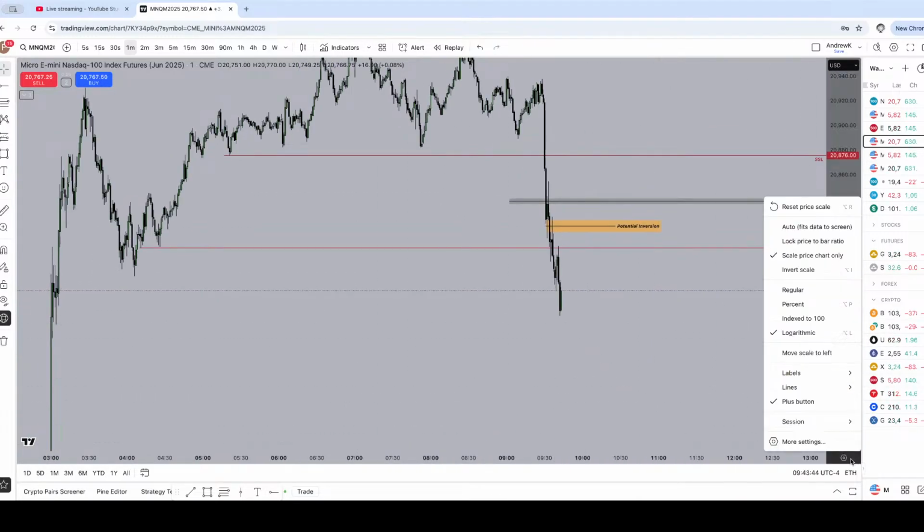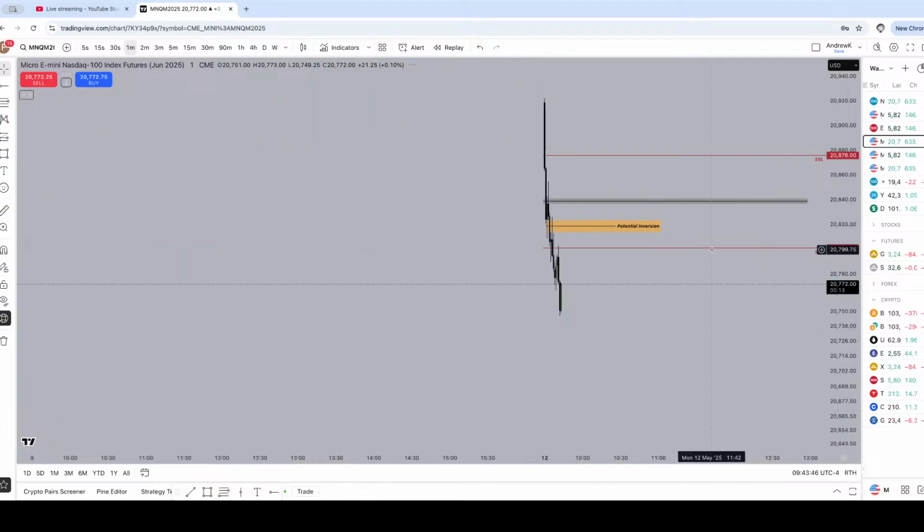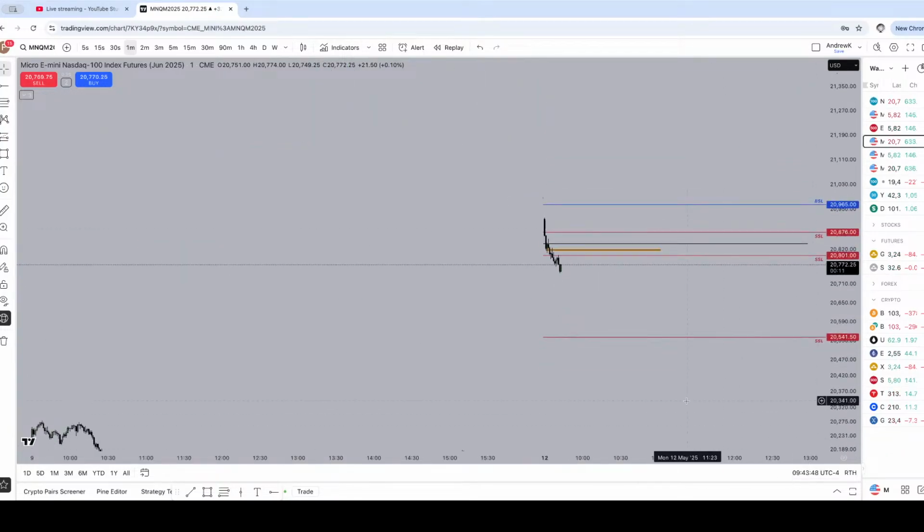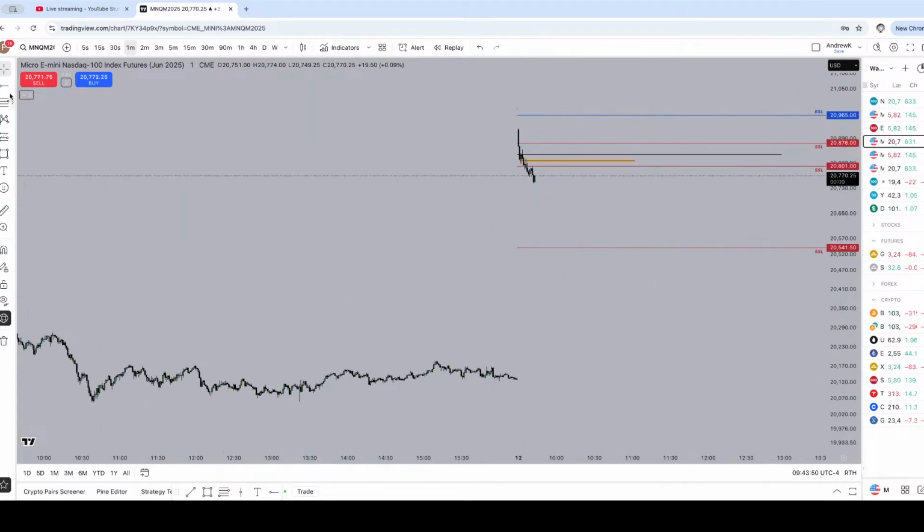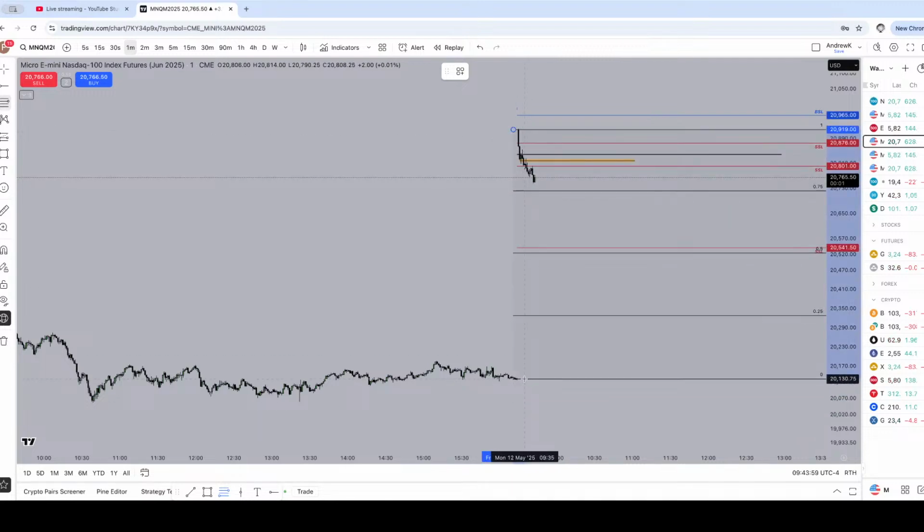Let's go pull up how far into this we got. Yeah, not that far. Let's use a simple fib. So we got the open, then we got the close. Yeah, so we haven't even reached 70%. So keep that in mind.